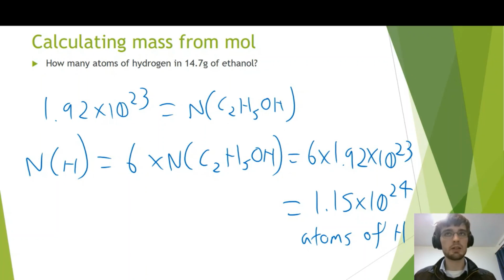If I had 7.079 times 10 to the 24 atoms there, how would you figure that out? You'd just do the reverse of the process that I've just done. So again, hopefully that makes sense. And we'll continue with gas to mole, so gas volume to mole calculations in the next video.